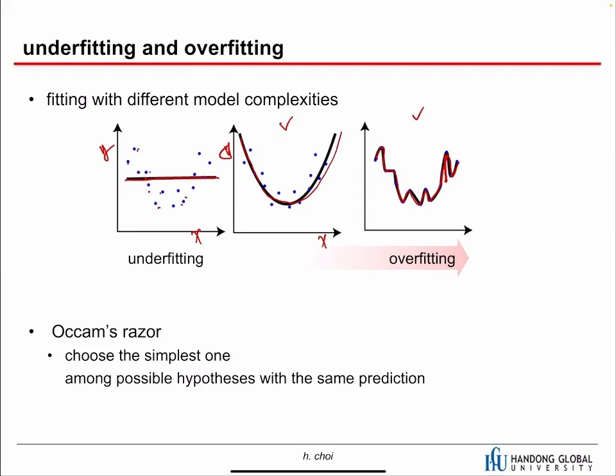And there is an important concept here, Occam's razor. When we have a couple of different hypotheses or different models with the same performance, then the simplest one would be the best. That's what Occam's razor says in machine learning.